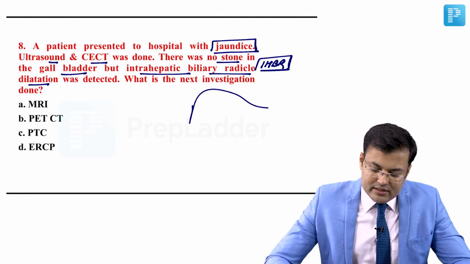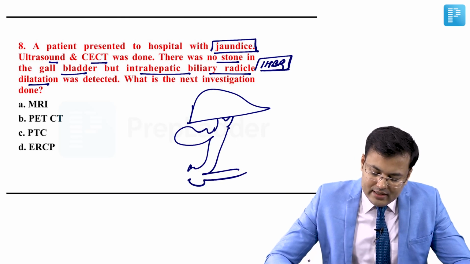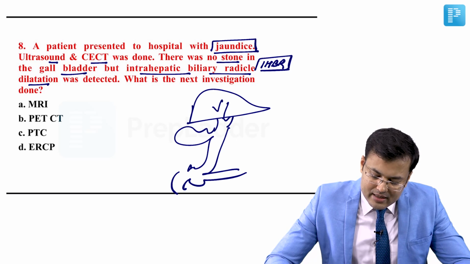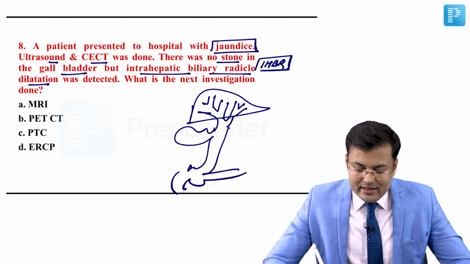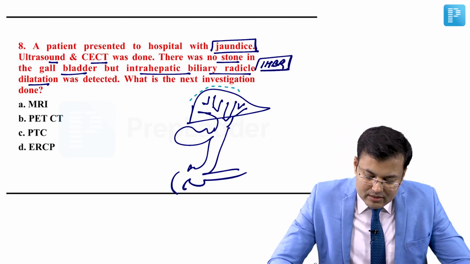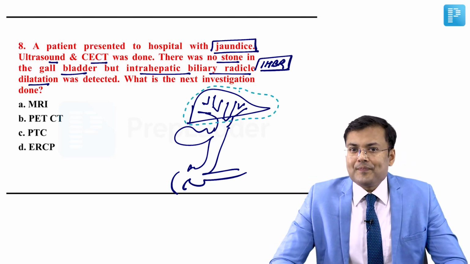Have a look. This is the liver, this is the gallbladder, this is the bile duct, and these are the intrahepatic biliary radicals. Whenever only intrahepatic biliary radicals are dilated, it means there must be some obstruction in the extrahepatic part of the bile duct, right?